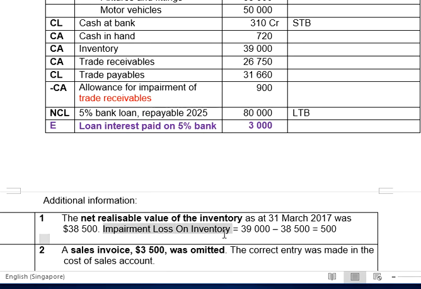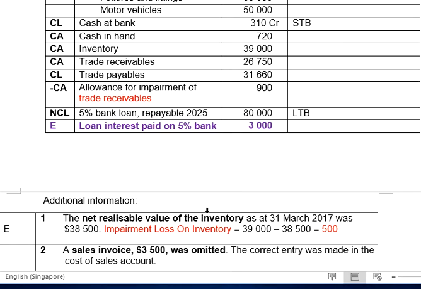This item, impairment loss on inventory, is an expense item found in the income statement.